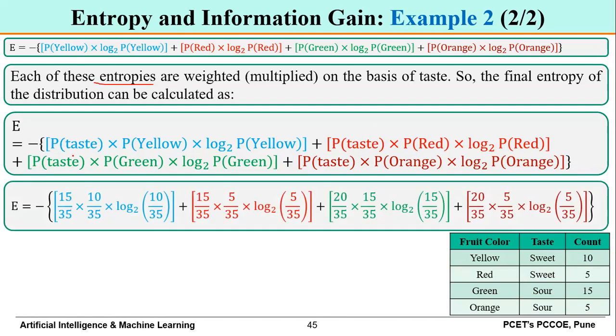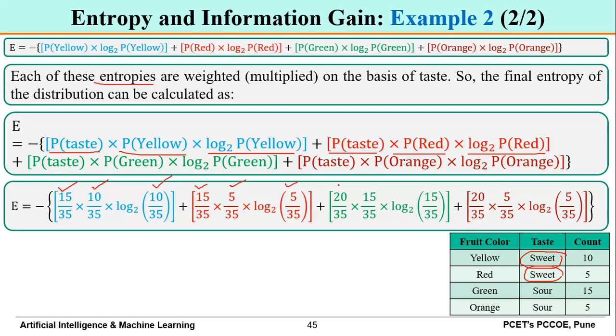In the previous slide we calculated all these values. So the probability of taste, for sweet it is 15 by 35, probability of yellow is 10 by 35 multiplied by log to the base 2 of the probability of yellow, 10 by 35. Similarly for red color, the taste is sweet, so the probability of taste is 15 by 35 multiplied by the probability of red, 5 by 35, multiplied by log to the base 2 of the probability of red, that is 5 by 35.